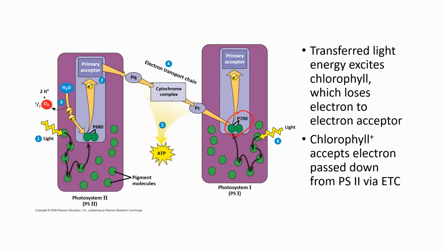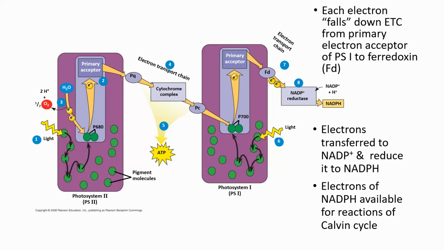We're just going to call them P700 so I can quit saying pair of chlorophyll molecules. When light hits this photosystem, the energy is going to be passed along from chlorophyll to chlorophyll until it hits that P700 reaction center. It's going to boost that electron to a higher energy level, and then that is going to be given to the primary electron acceptor.